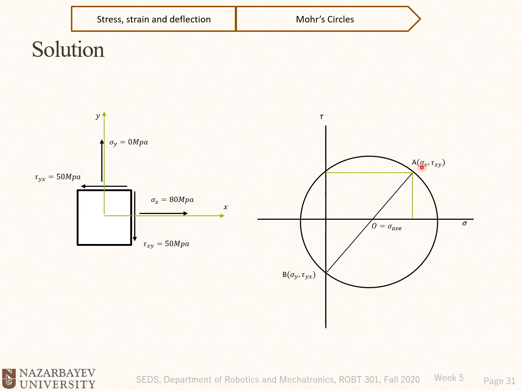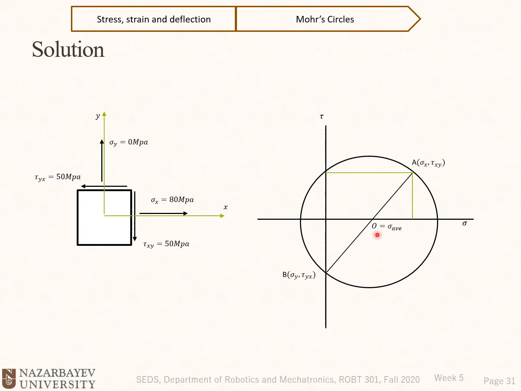Okay, now we have points A and B in our coordinate system. What we need to do is draw a line between points A and B, and then draw a circle that passes through both points A and B. Plus, we could have point O, which is the sigma average, or sigma x plus sigma y divided by 2.